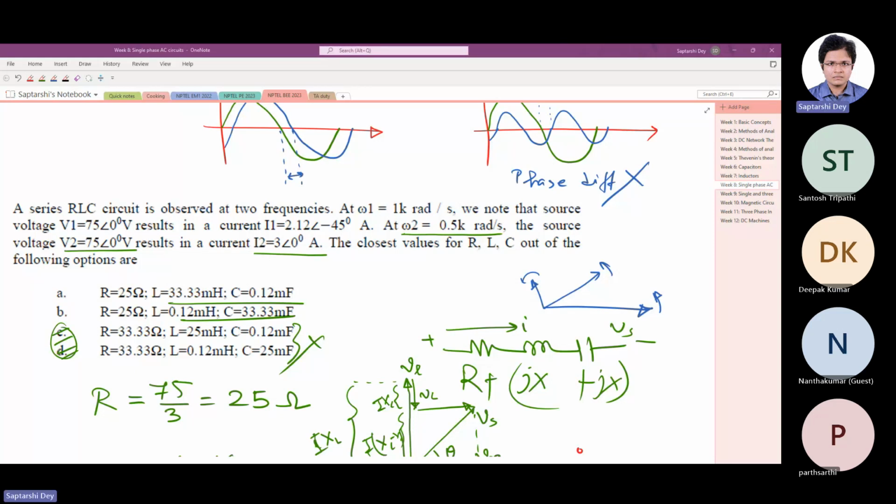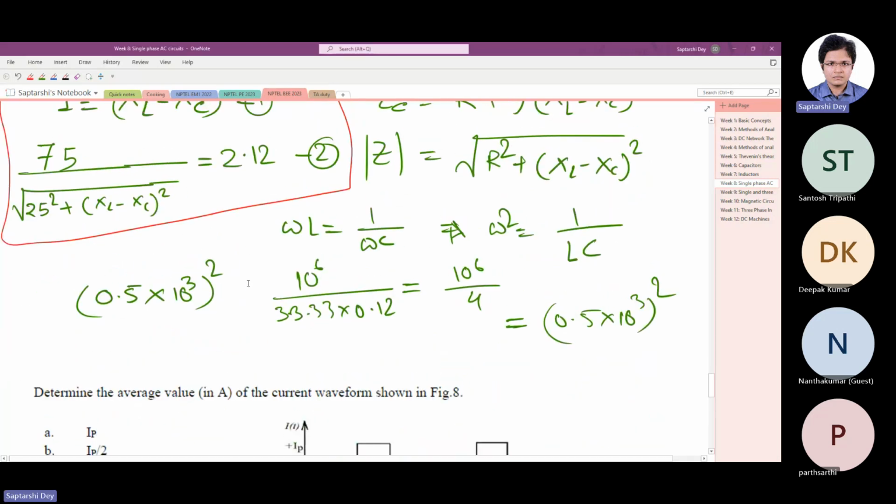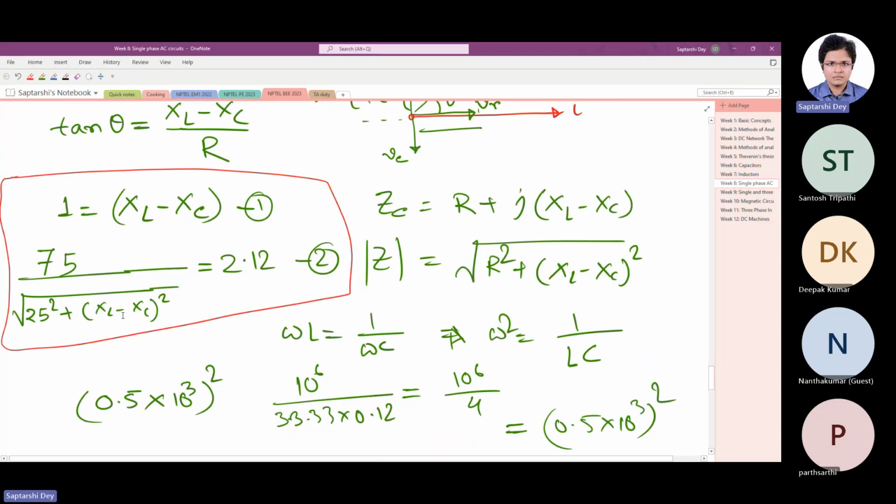Okay, let me just check. Am I missing something? Solving these two is not giving us the answer.